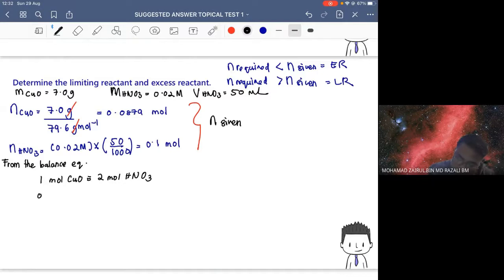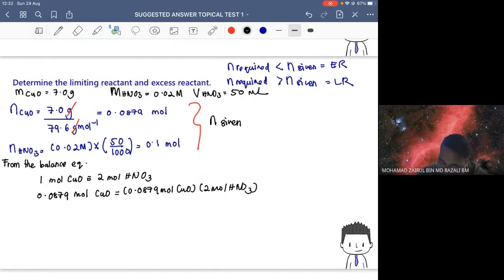So 0.0879 mole CuO equals to, nak cari required HNO3, awak buat cross multiplication. 0.0879 mole CuO multiply by 2 mole HNO3, divided by the 1 mole CuO.